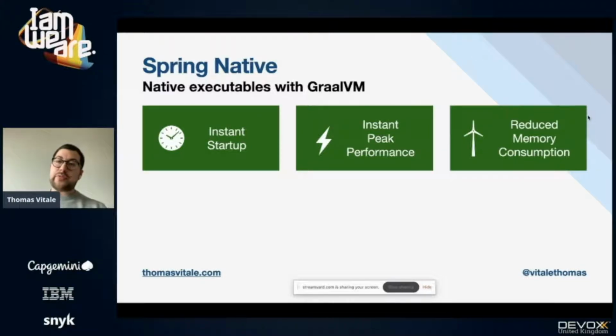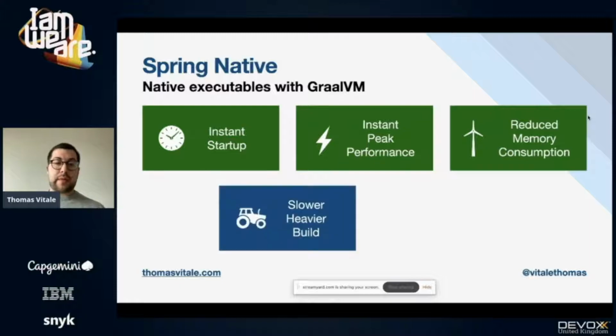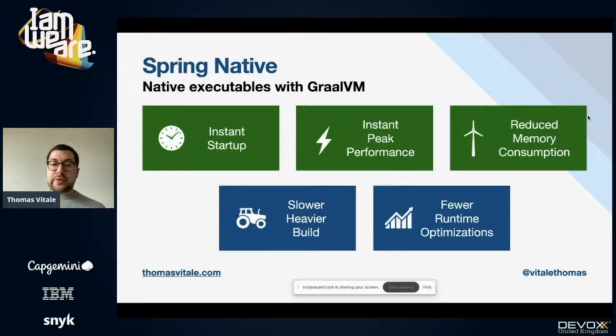But at the same time, since we're moving a lot of computation at build time, we have a slower and heavier build process than usual. Also, at this point, we don't have the same amount of runtime optimizations in GraalVM as we do for the JVM. But this technology is really catching up quickly. So I'm expecting a lot of exciting results from newer versions.